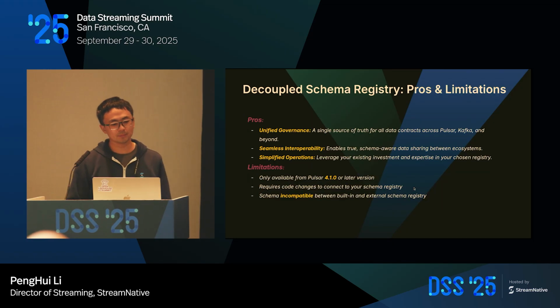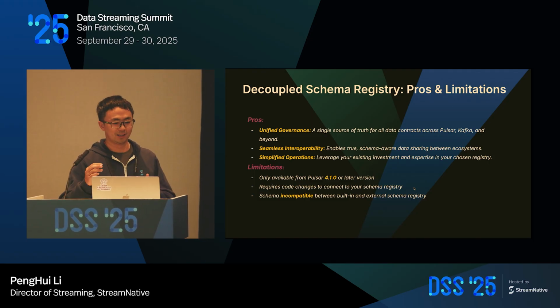So yeah, the decoupled schema registry also has limitations. The built-in schema blocks you from sharing the schemas across different systems, but it will not block you from sharing your data, right? If all your streaming data only uses one system, for example Pulsar, actually you don't need to do that.